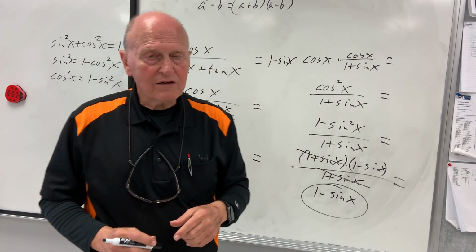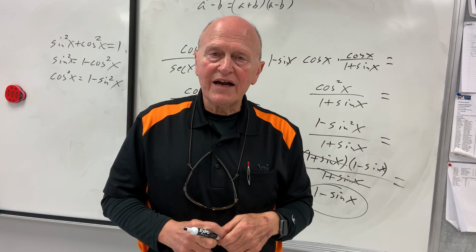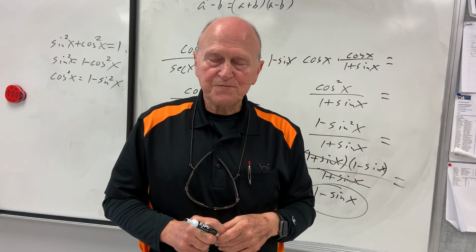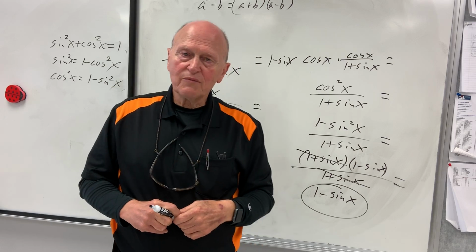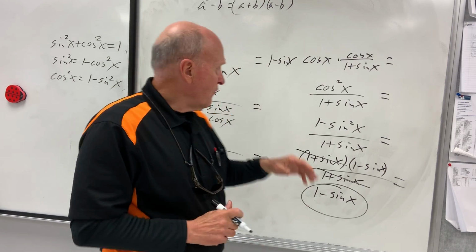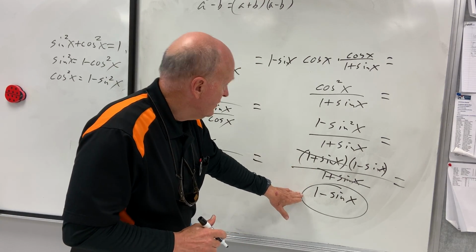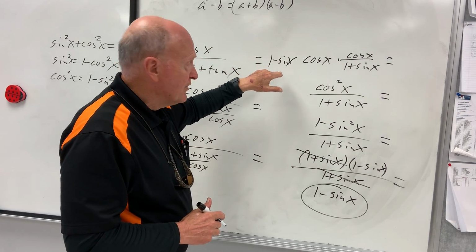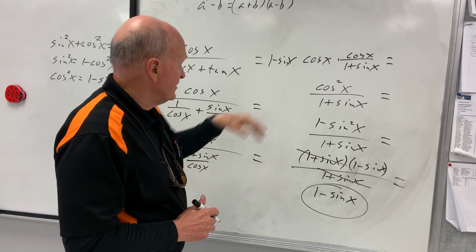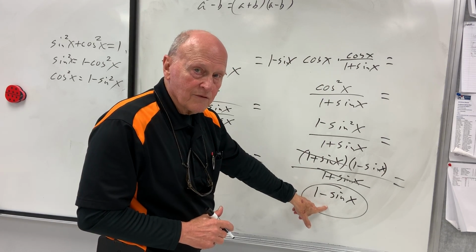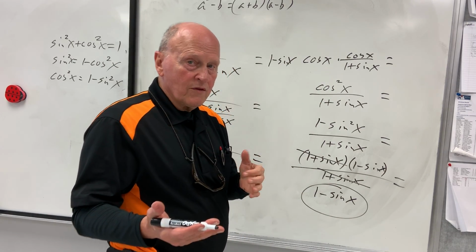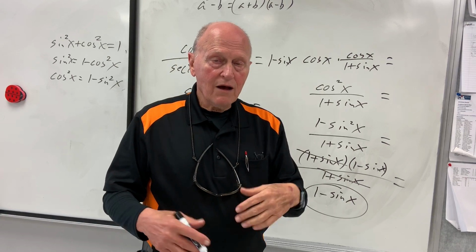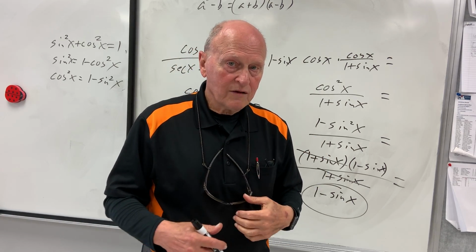I suspect that you're going to enjoy identities a lot more than you do simplifying, because that's going to be like a puzzle. You're going to know the answer before you start. We're going to know that this is the answer, and then the job that you have is working this until you get that answer. That's going to be the second part of the lesson. We're going to stop for now, and then I'm going to pick back up with the second part of the lesson.